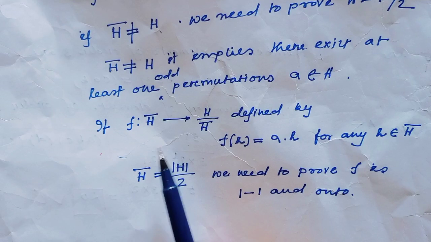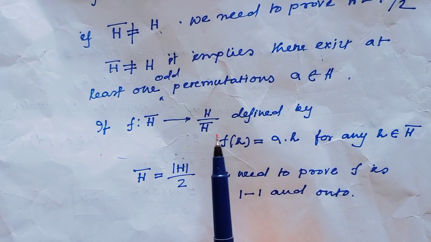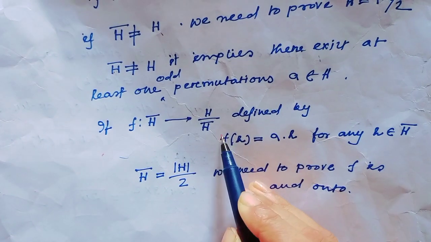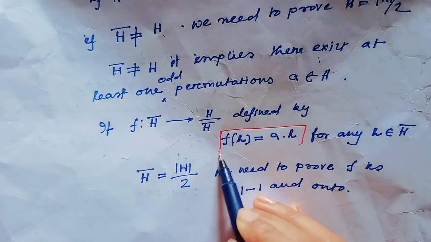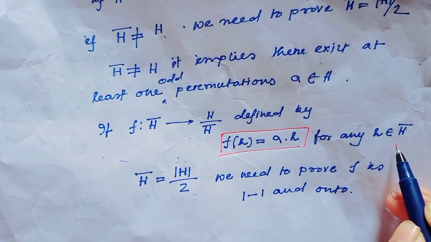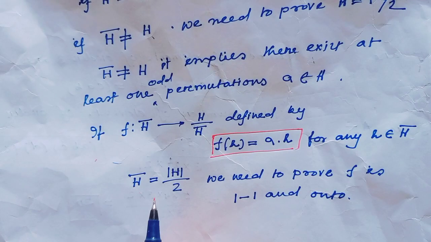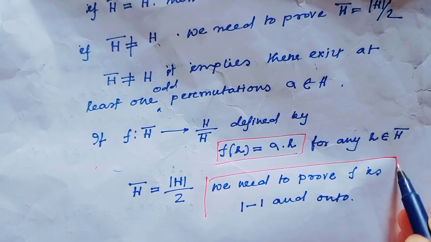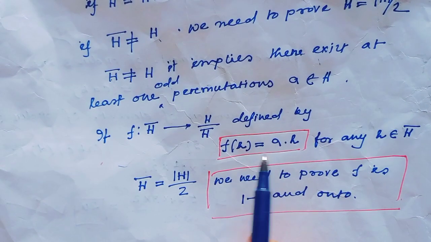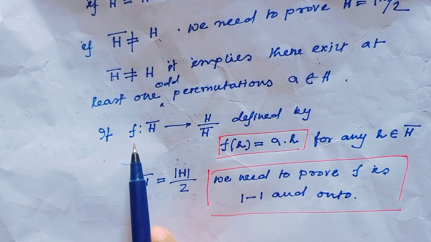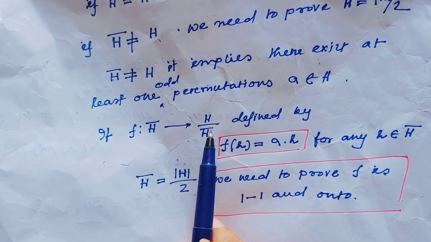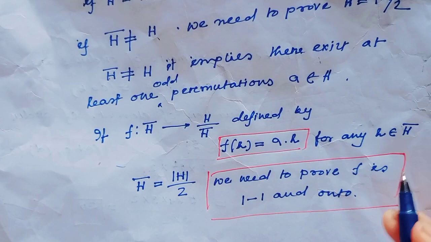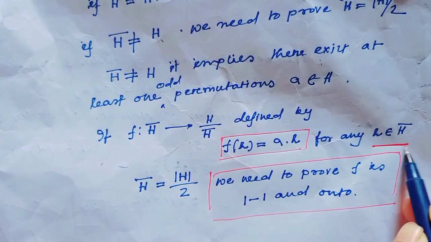Consider one mapping f from H bar to H modulo H bar, defined by f of h equal to sigma h, for some h belonging to H bar, and the order of H bar is order of H over 2. We need to prove f is 1-1 and onto. The mapping is defined as f of h, mapping H bar to H modulo H bar, defined by f of h equal to sigma h for any h belonging to H bar.